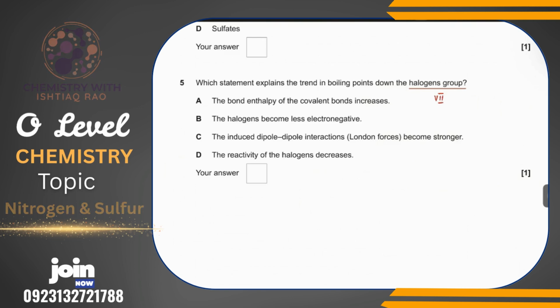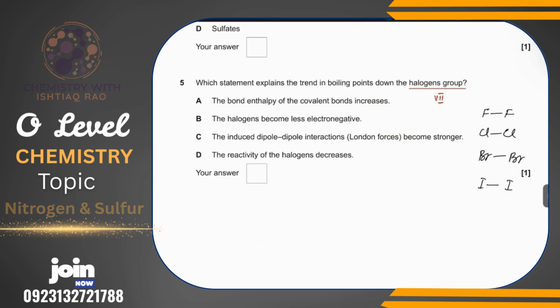In option A, they are saying the bond enthalpy of the... no. It's not about that, let's say F, Cl, Br, I. Whenever we melt or boil group 7 elements, their covalent bond is not going to break.